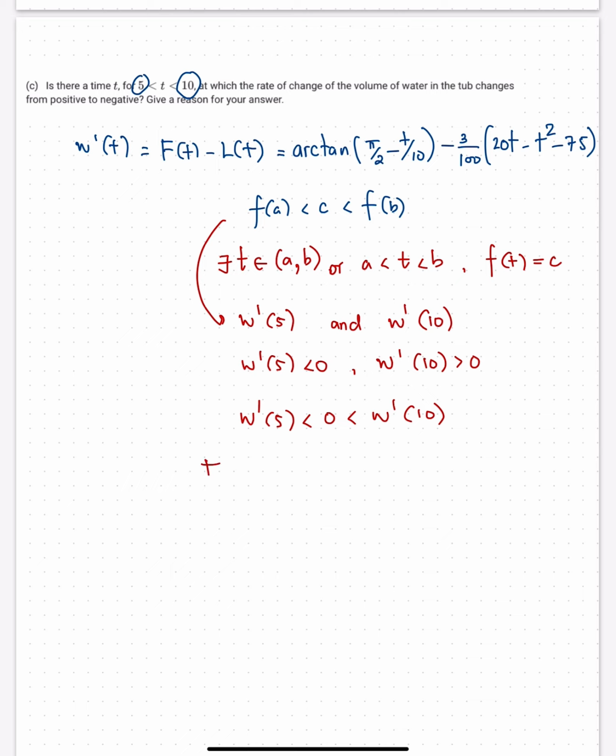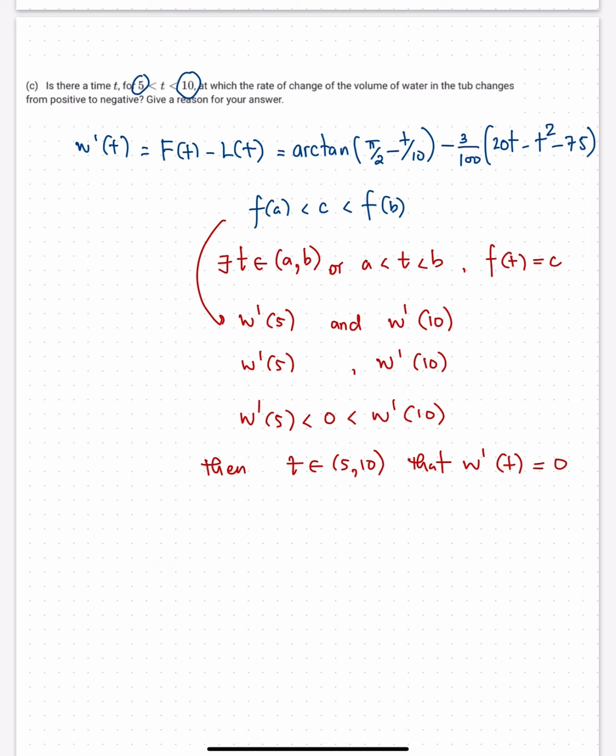So that means there is t belonging to 5, 10 such that w prime of t equals 0. That's it.